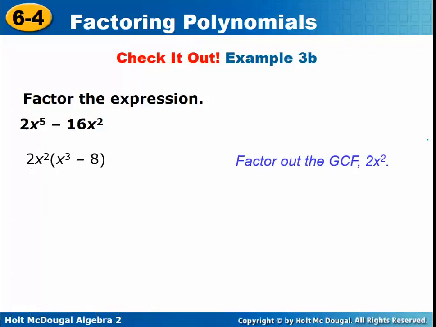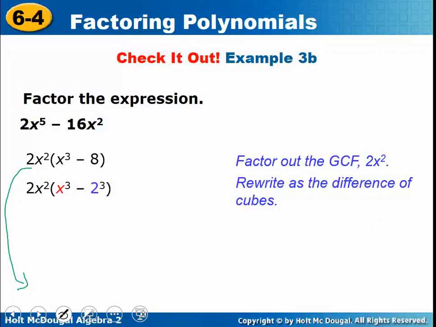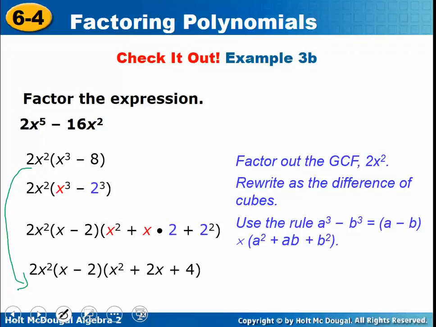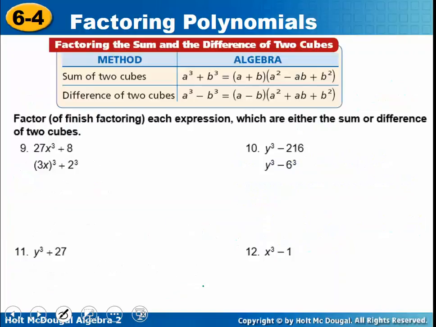That factor will stay part of the final answer, but it's not part of the rule for difference of cubes. So for the difference of cubes part, in this case a is going to equal x and b is going to equal 2, and you plug those in for the a's and b's in the rule, and then your final answer again will have the 2x squared in front of it.